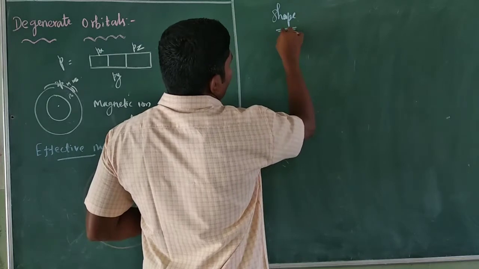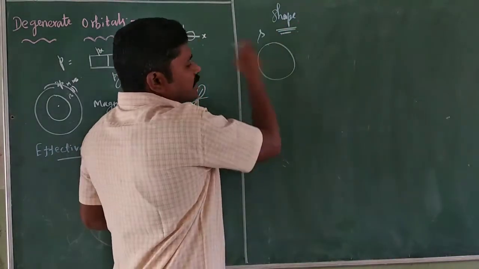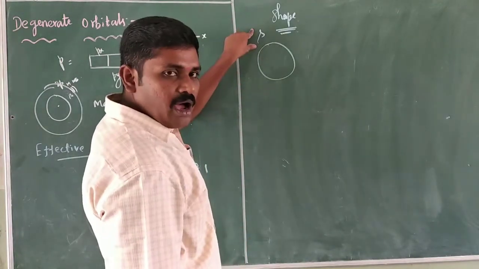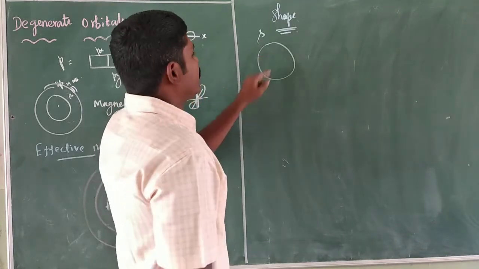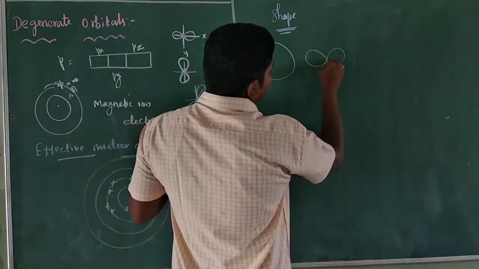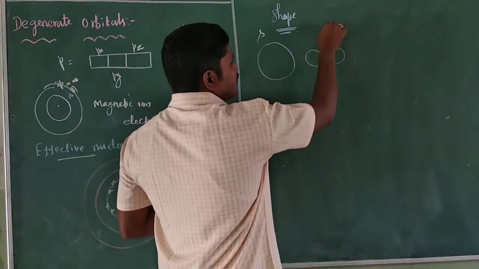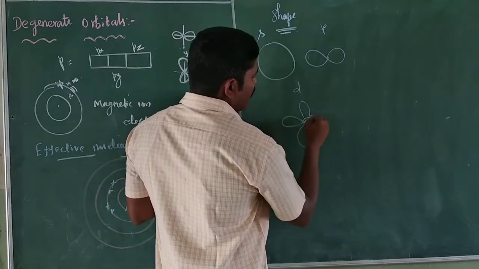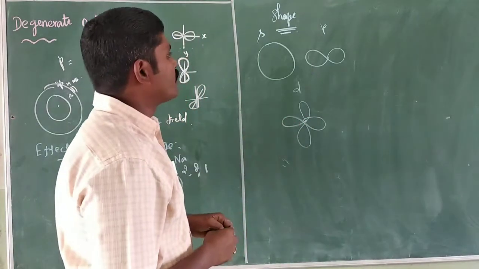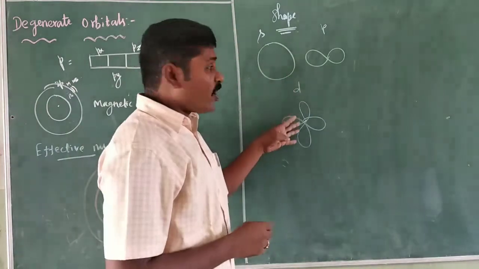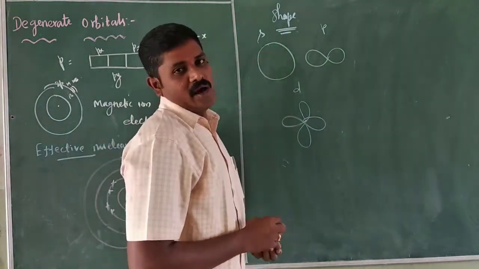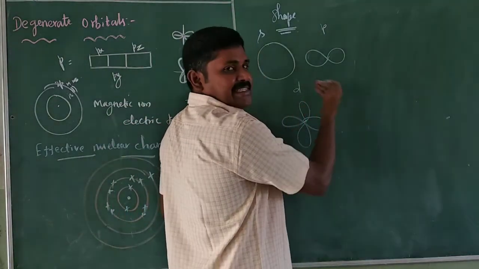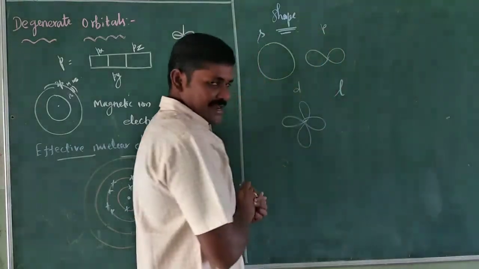The s orbital is spherically symmetric, the p orbital is dumbbell shaped, and the d orbital is clover leaf shaped. So the effective nuclear charge depends upon the shape of the orbital, and it decreases with an increase in the azimuthal quantum number l.